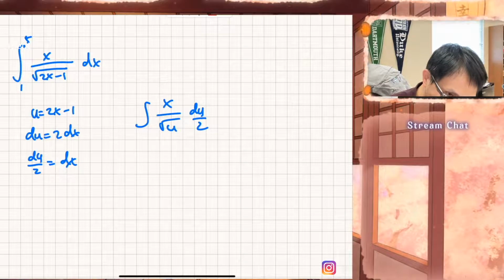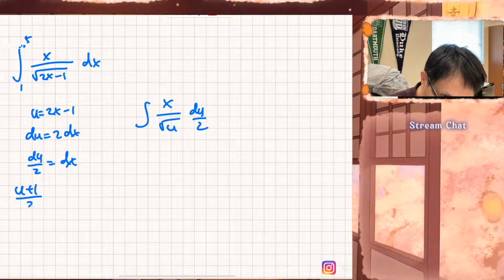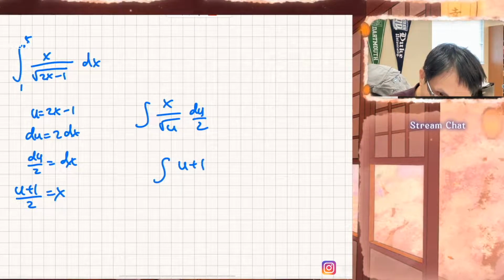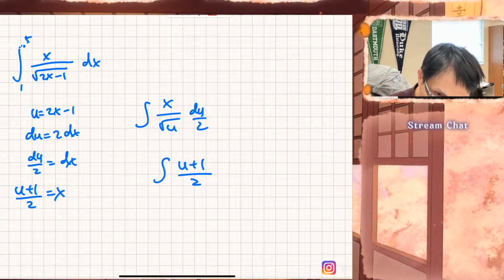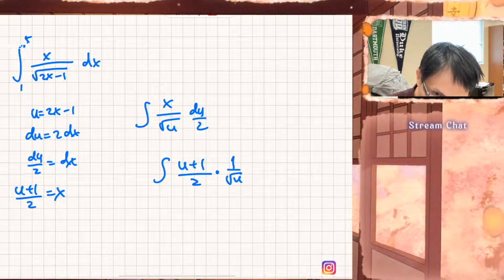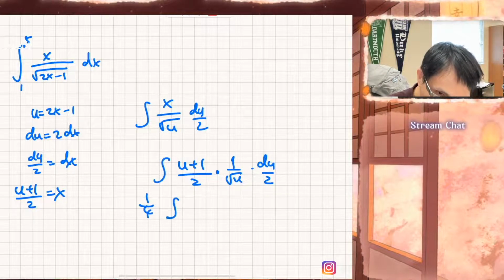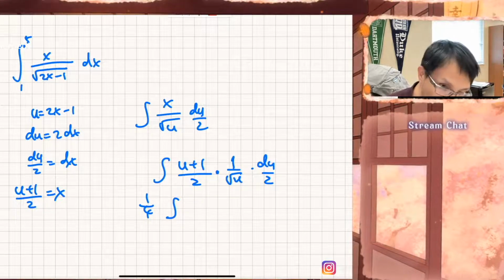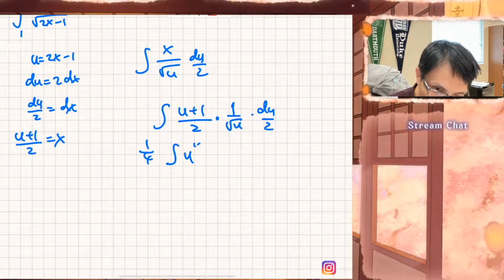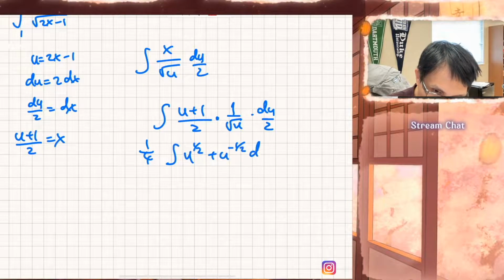So I'm going to rewrite x as (u plus 1) over 2. Therefore it's going to be (u plus 1) over 2 times 1 over square root u times du over 2. So that's equal to 1 over 4, integral of u to the half plus u to the negative half du.